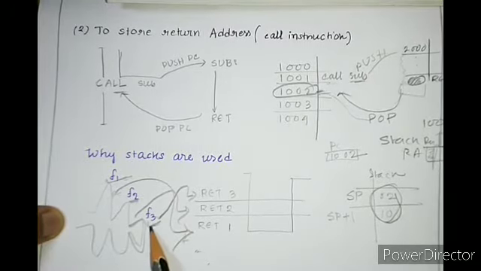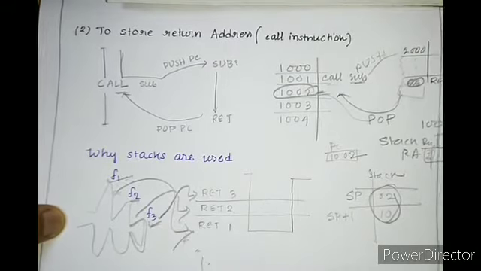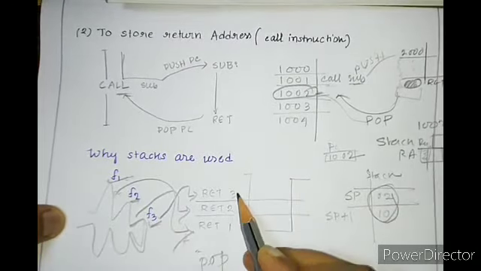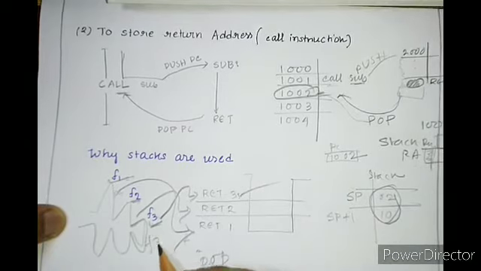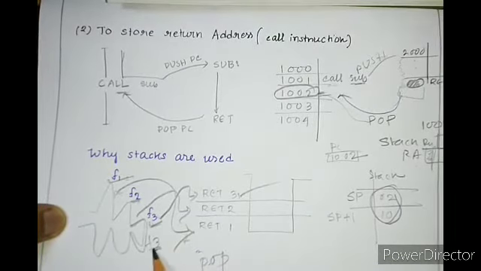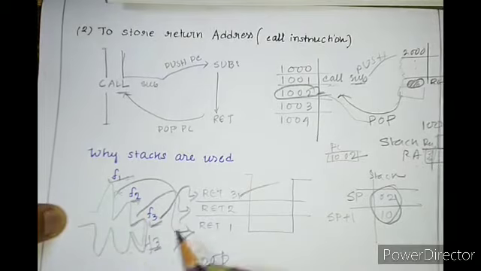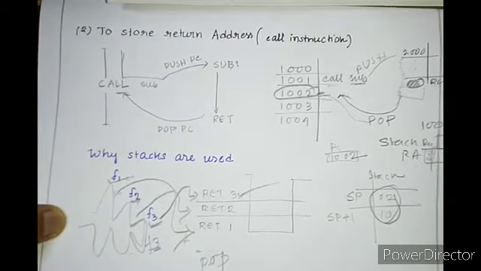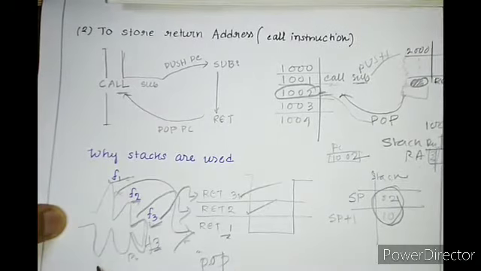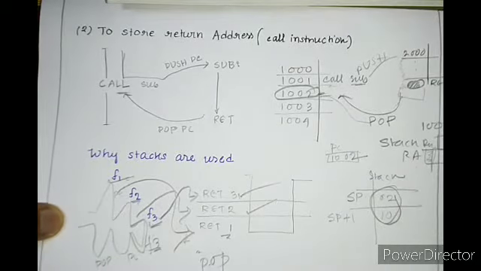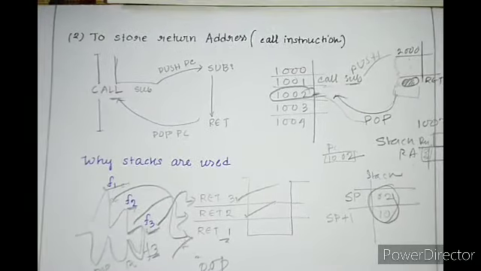When I write pop, I will get the return address of function 3. So f3 is executed now. Then I need the return address of f2. Again pop, you will get this address. Again pop, you will get the return address of function 1. So for this LIFO manner, stacks are used to store return addresses.